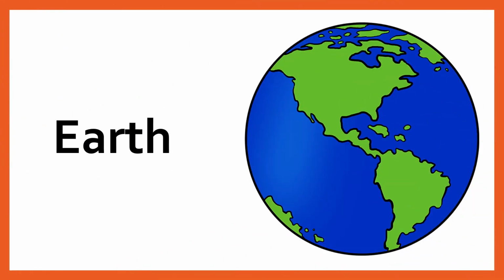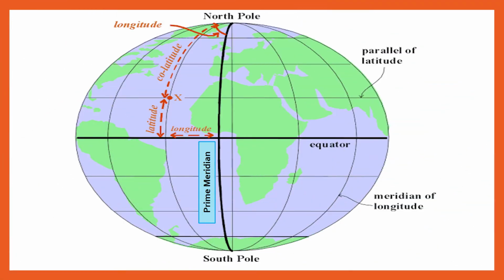Students, this is our planet Earth. As you can see, our planet Earth has no lines on it. But for our convenience, we have drawn some lines on it. So these are imaginary lines which we have drawn for our convenience.